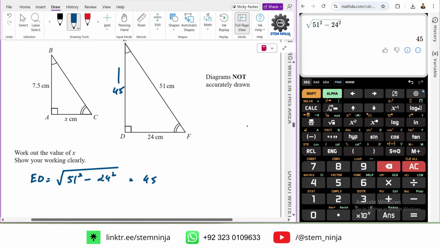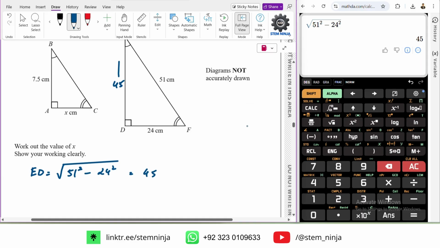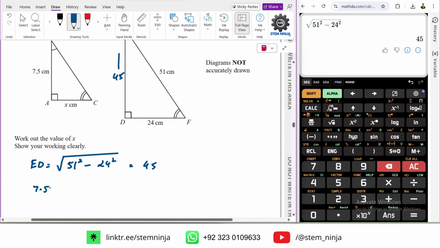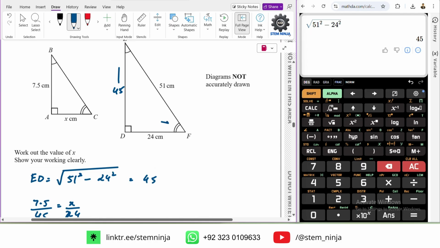Right? Okay. Now we can do the similar things. So you have 7.5 over 45 equals x over 24. Right? So these are the corresponding sides. Basically, you can see by the double arced angle and the single arced angle.